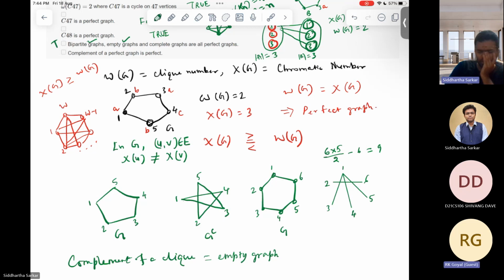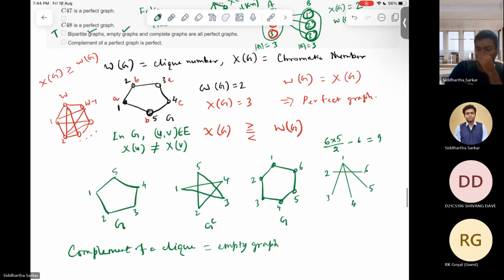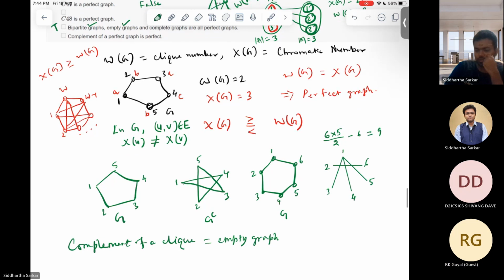I think what you are referring to is the vertex cover and independent set relationship. The complement of a vertex cover would be an independent set. Just a second.